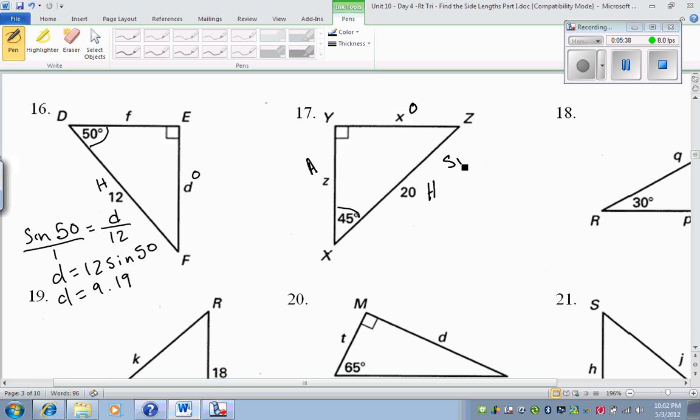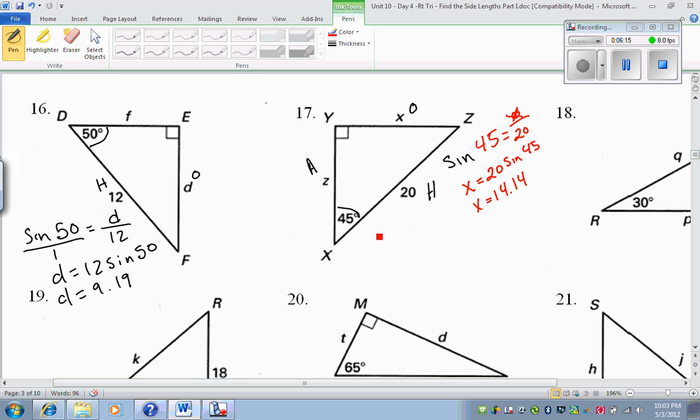So sine of 45 degrees is equal to the opposite over the hypotenuse, which is 20. The opposite should be x. So x is equal to 20 sine 45 degrees. Type it in. I get x equal to 14.14.